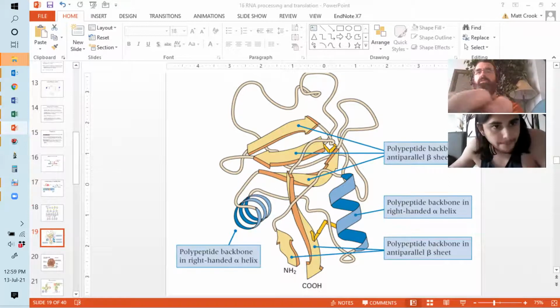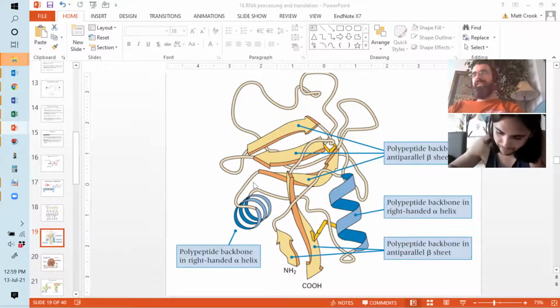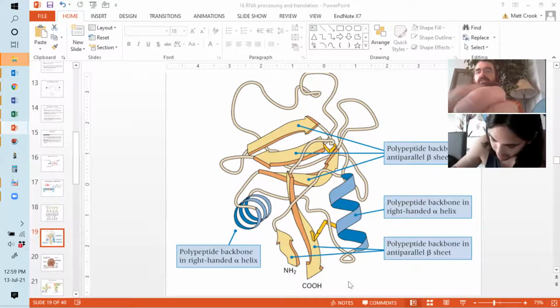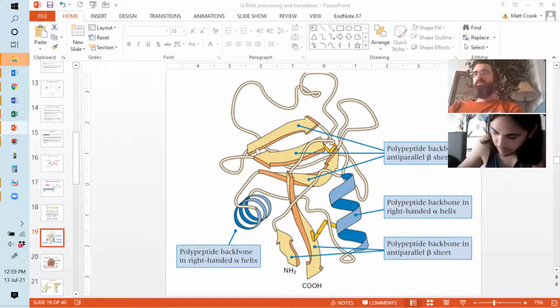Secondary structure equals these individual bits. This spiral is called an alpha helix. We have these arrows, which don't actually look like arrows, they're just drawn like that, like symbols.